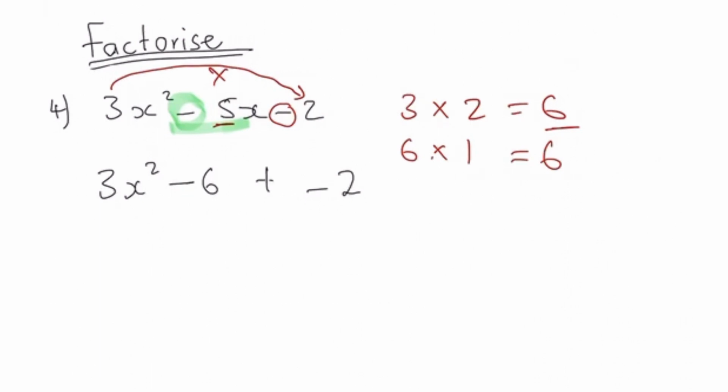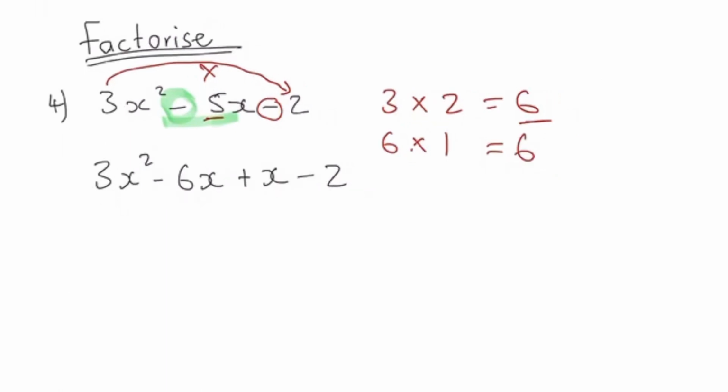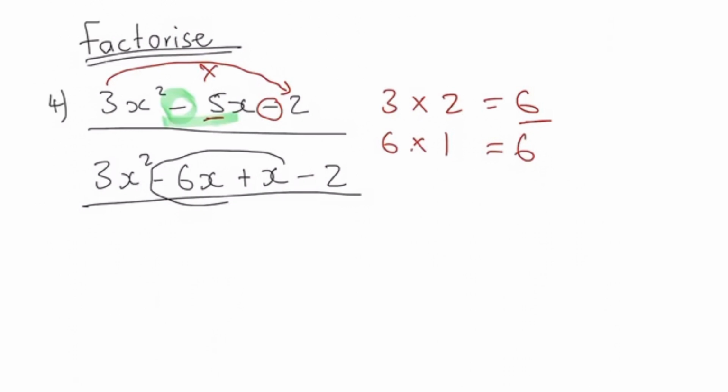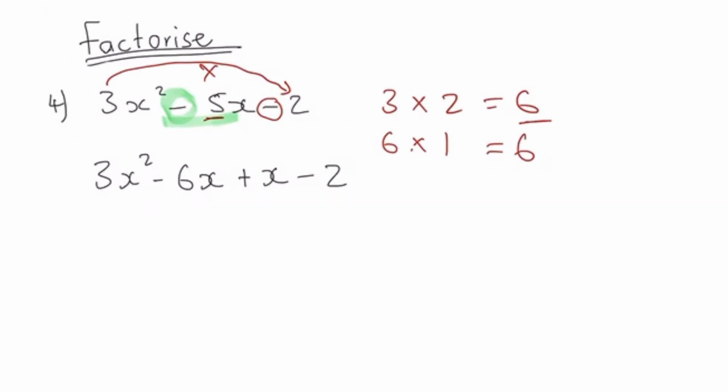And so this is going to be 6x and 1x. You will get 3x squared minus 6x plus 1x minus 2. If you read this and add these terms, you will get that expression. That's what matters. You did not drop maths. You are manipulating it in a correct way.